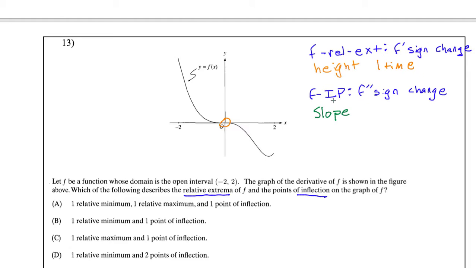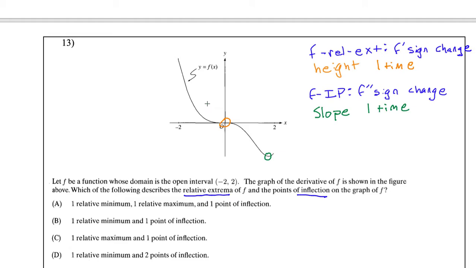What about slope? How many times does the slope change? Well, it's negative, negative, negative, negative, 0, but it still stays negative, and only right here does it change from a negative slope to a positive slope. Just going to 0 is not enough. It needs to go from a negative to a positive, so slope one time. So we have one relative extremum. And what is that relative extremum?